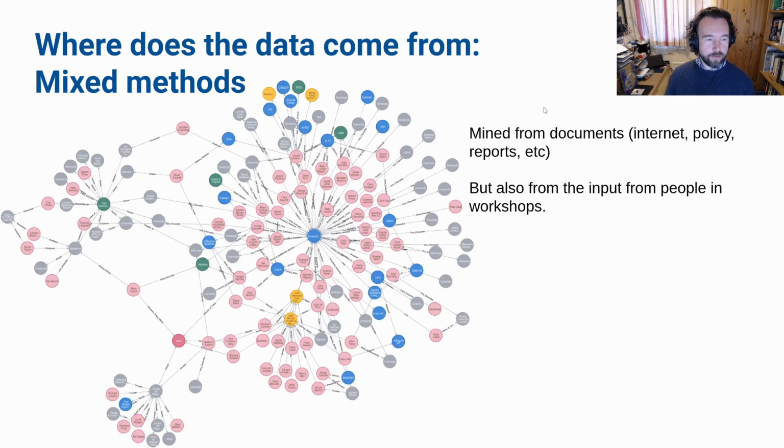But not only could you mine documents, you could also look for input from people in workshops. So you could have some mapping done from documents, like policies, who wrote them, etc., but you could also have additional input from talking to people in workshops that you can then input into these maps.